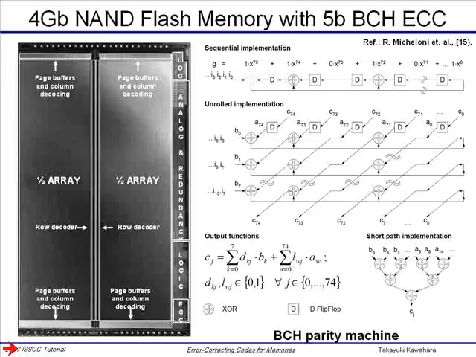Usually the cyclic code shift register is sequential, but they introduced unrolled information, which is the parallelism. With this mechanism they reduce the time overhead. And successfully, they say the 4-gigabit NAND flash is established by ECC.